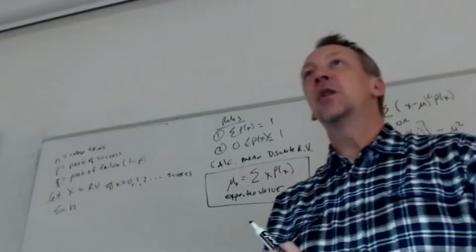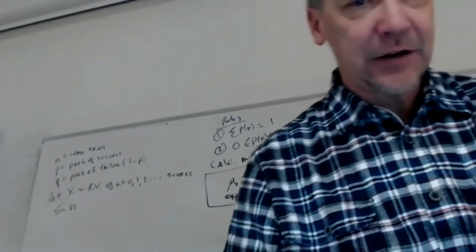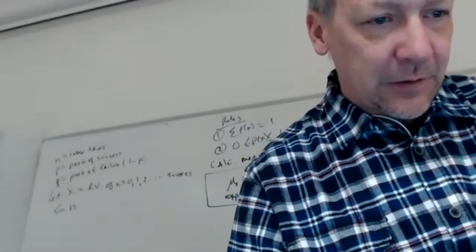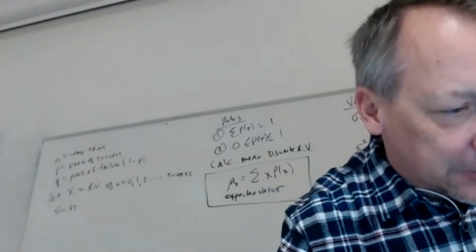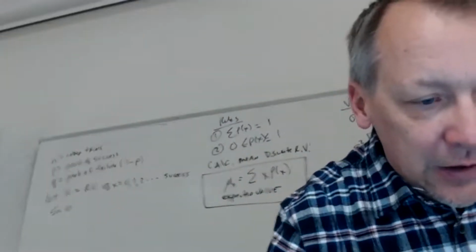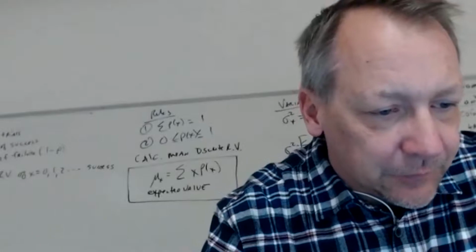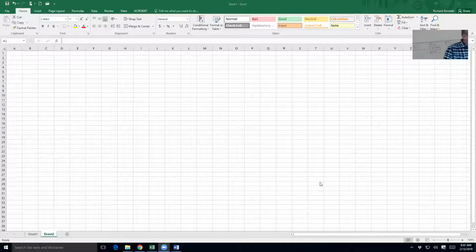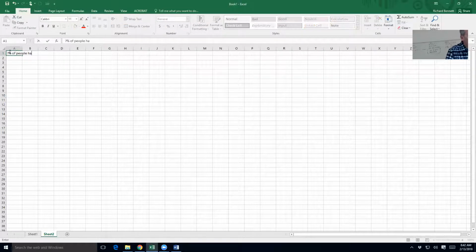So, all right, so let's say that, I'm going to start sharing here. Where's my Excel? Here, we're going to go here. Share. Okay, let's say that 7% of people have O negative blood, according to the Red Cross.